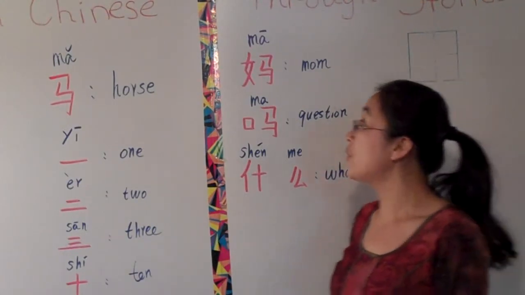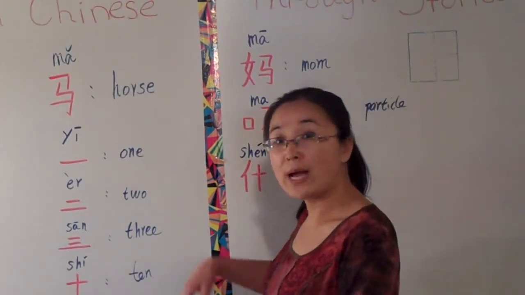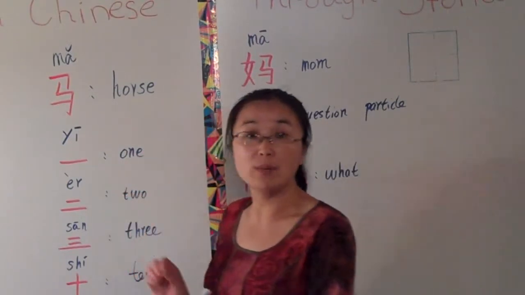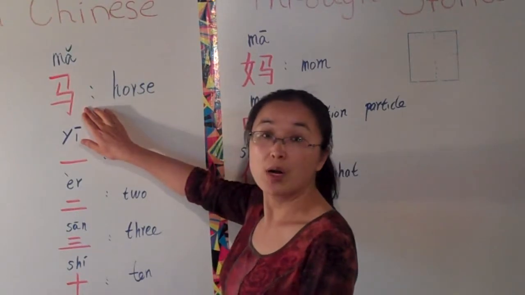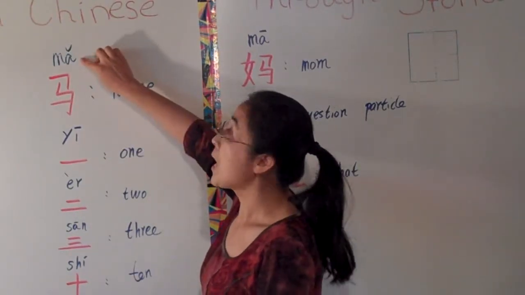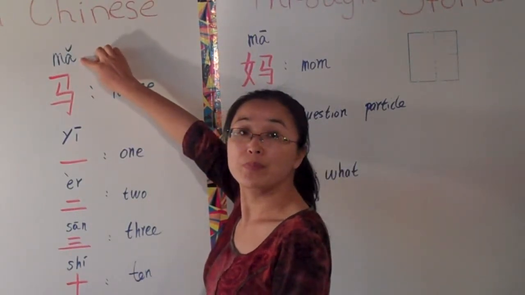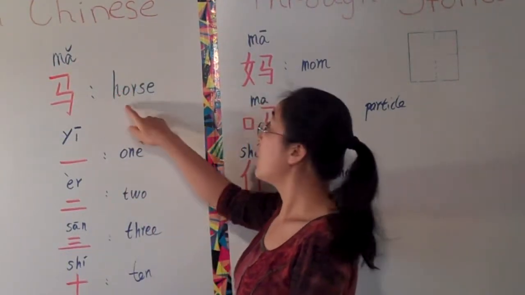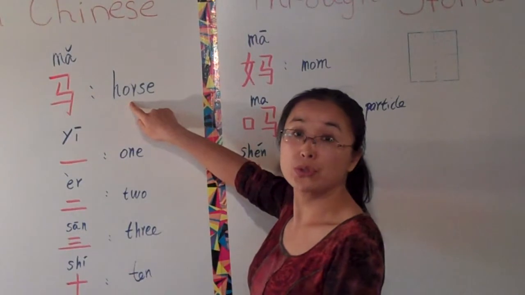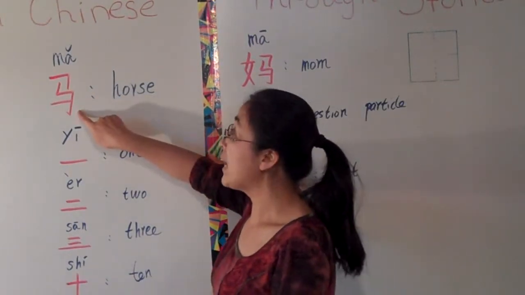Okay, before we learn how to ask names, we need to learn some new characters. The first new character, pronunciation, 马. It means horse. How to write this character?